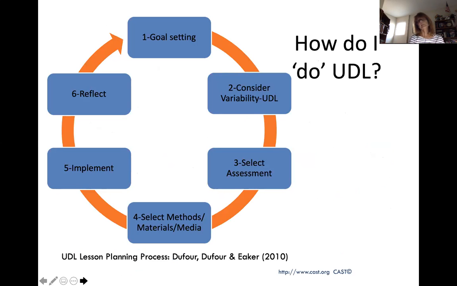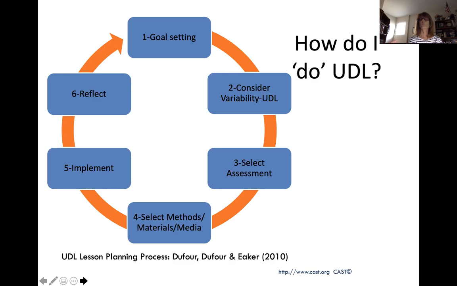So this is how you do UDL, right? It's goal setting. It's considering the variability of your students. In your Joey Pigza lesson, you're only going to be asked to look at 2 different types of students. You'd select how you want to see them assessed.